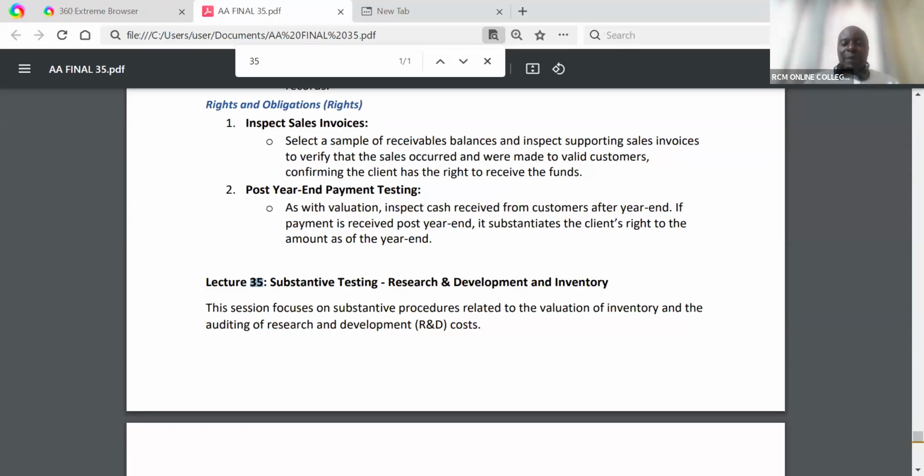So remember the rule we are using is ACCA cover for assertions, cover P. So we have been able to look at the cutoff. Then we have O. O is for occurrence. In most cases, these directors of these companies are not very honest. They are telling you that the numbers you're seeing on the financial statements represent activities that really occurred.